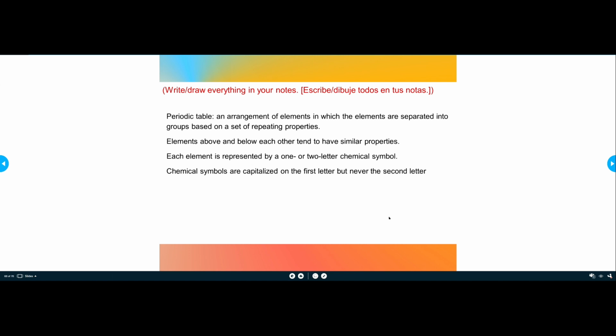Elements above and below each other tend to have similar properties. Each element is represented by a 1 or 2 letter chemical symbol. Chemical symbols are capitalized on the first letter, but never the second letter.